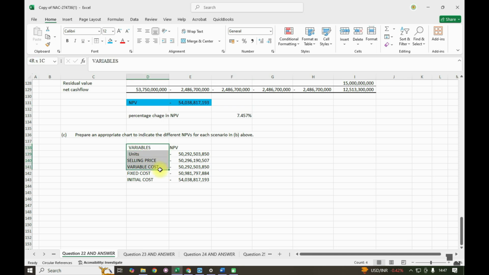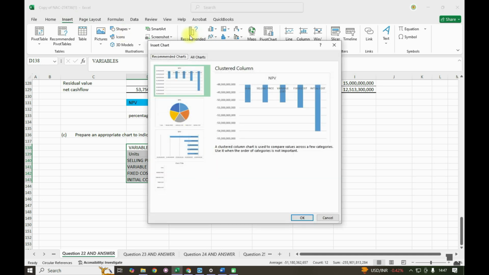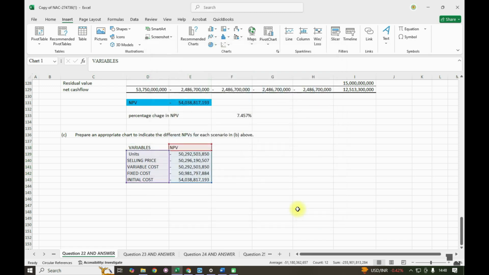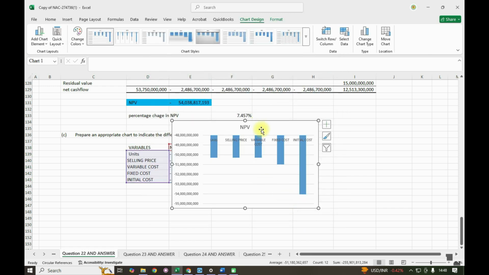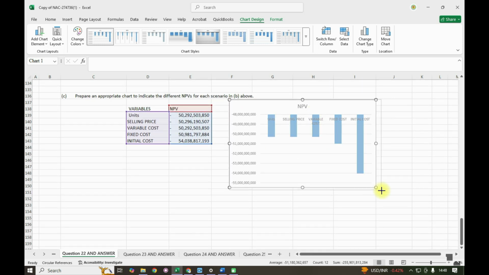So for an appropriate chart to indicate this, we shall insert the recommended chart, and you can just decide to use this for comparison purposes. That will be our chart for the NPVs.